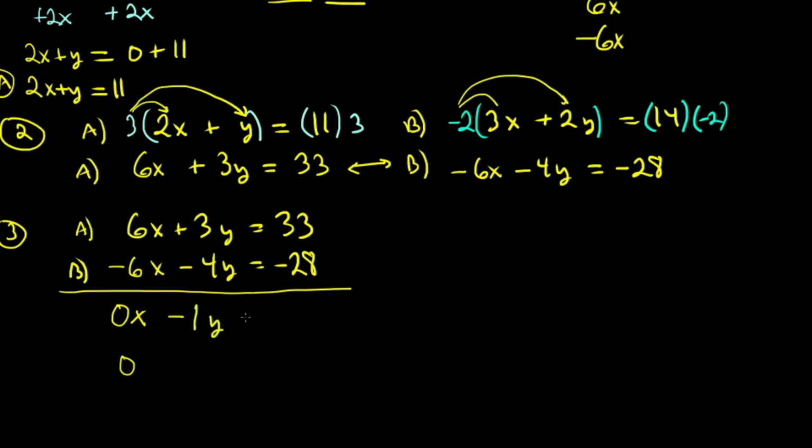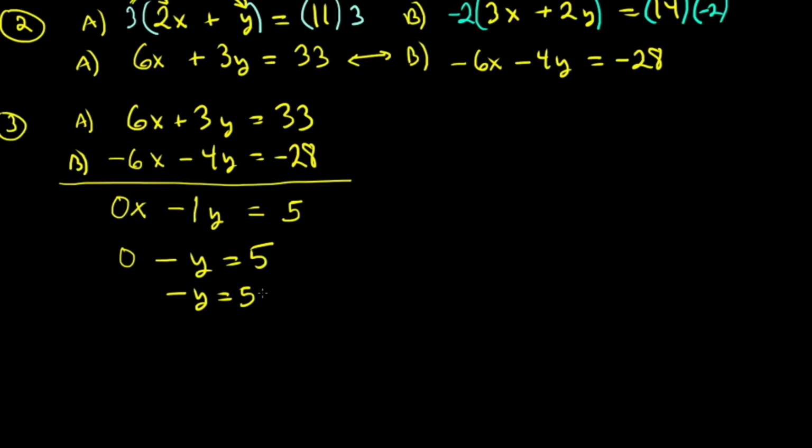And that's going to equal 33 plus negative 28, or 33 minus 28, which is 5. So 0 minus y equals 5, or just negative y equals 5. If negative y is 5, y has to be negative 5, and you can see that just by multiplying both sides by negative 1.